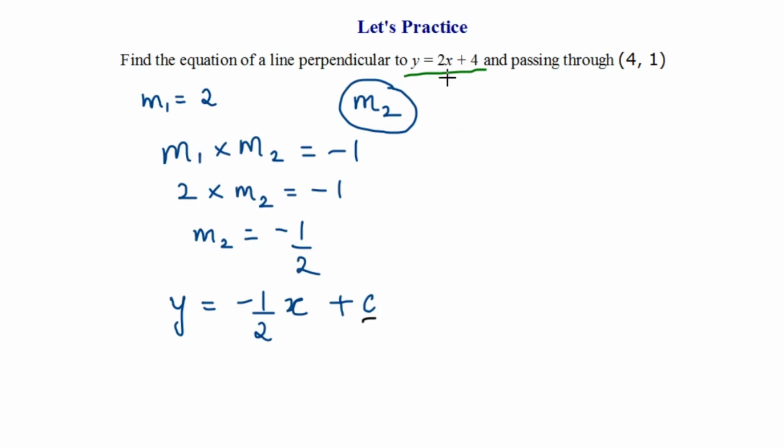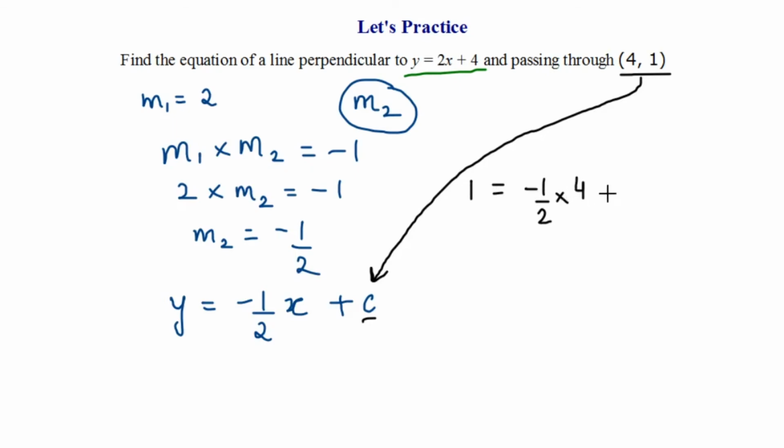But we know that the perpendicular line passes through the point (4, 1), which means we can substitute the coordinates of this point in this line and find the value of c. So let's substitute it. Now x is 4 and y is 1. So 1 = -1/2 × 4 + c.